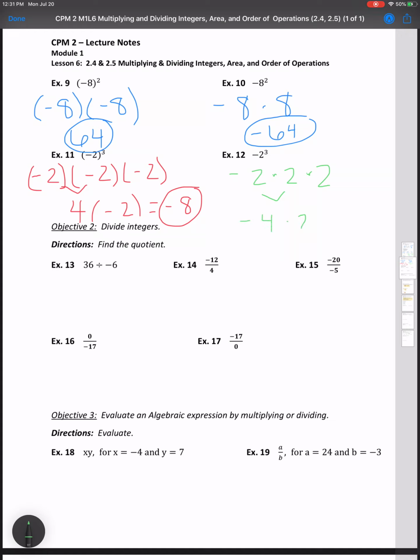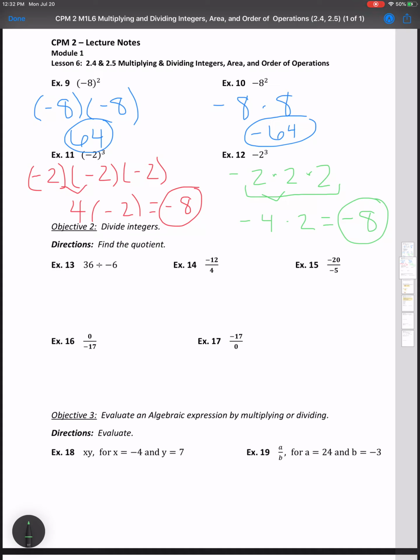Bring down what you haven't used yet. Again, negative times a positive is a negative. 4 times 2, 8. So our final answer is negative 8. Some people will just go ahead and multiply 2 times 2 times 2 and put 8, and just know your answer on these is going to be a negative no matter what. Because there's one negative sign, you just keep bringing it down.